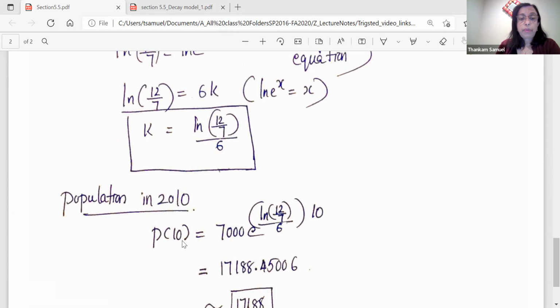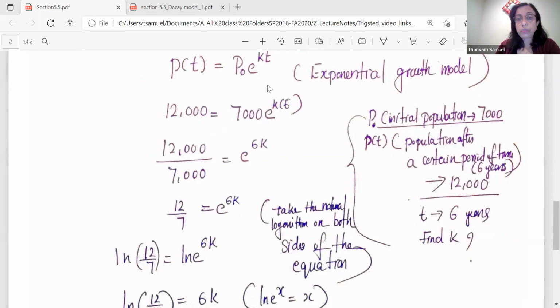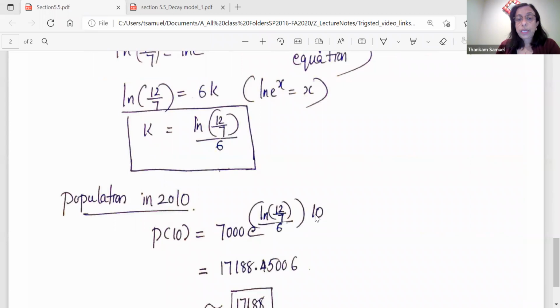So we have to find P of 10 equals the initial population, 7,000, e to the value of k that we have, ln of 12 over 7, the whole quantity divided by 6, in the exponent part. The basic exponential growth model is P of t equals P sub 0 e to kt, and t here is 10.